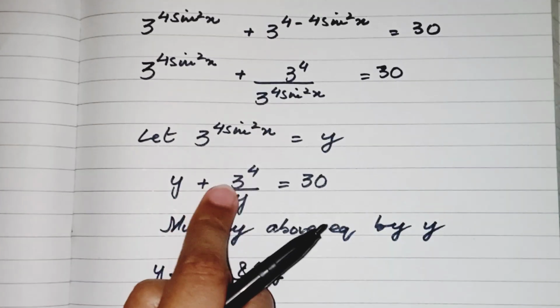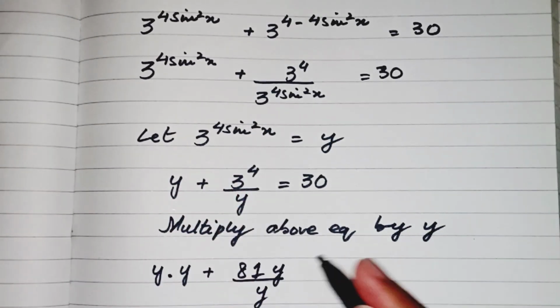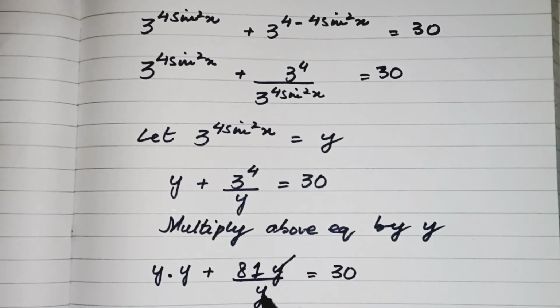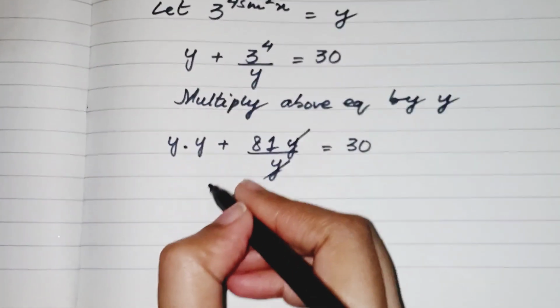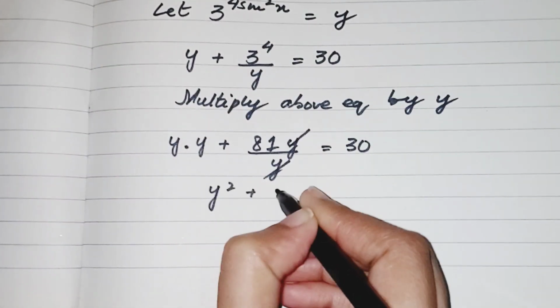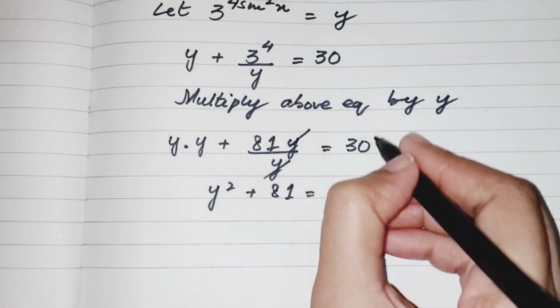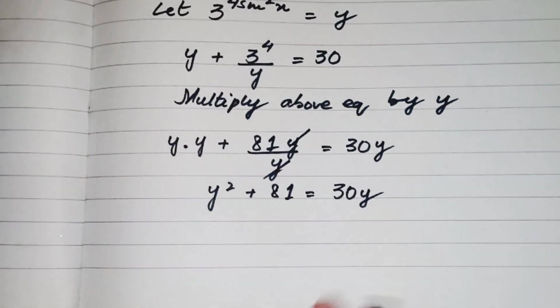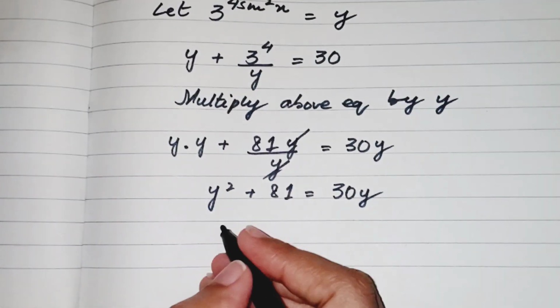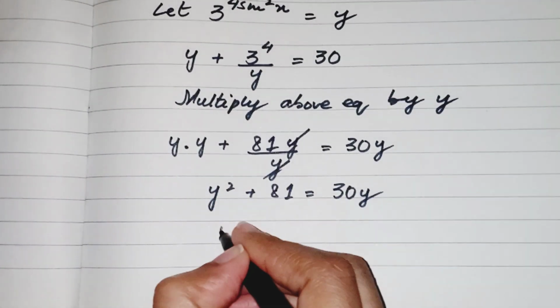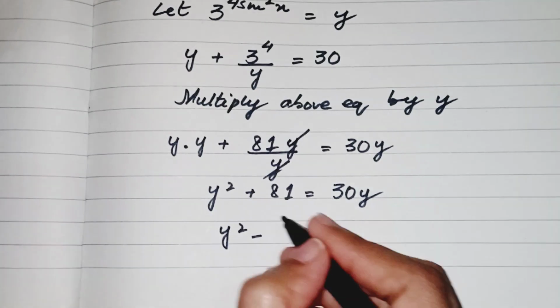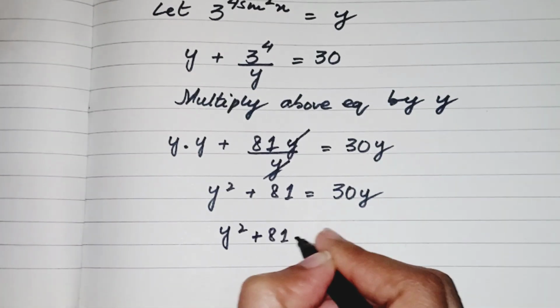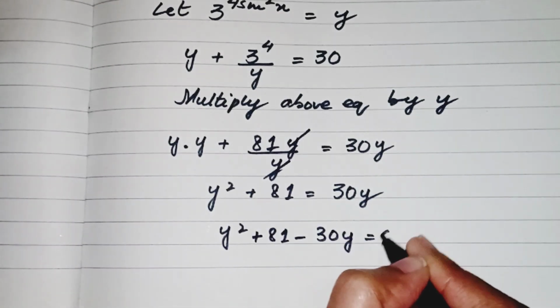I just converted 3 power 4 into its value. y times y gives y² plus 81 equals 30y. Now this 30y comes to the left-hand side from the right-hand side, so it becomes y² minus 30y plus 81 equals 0.